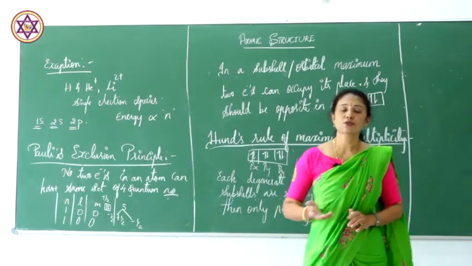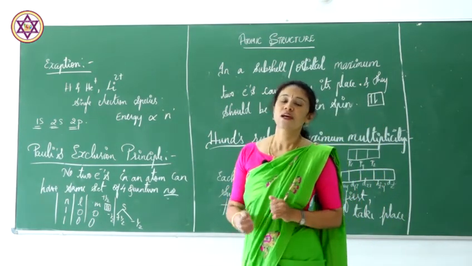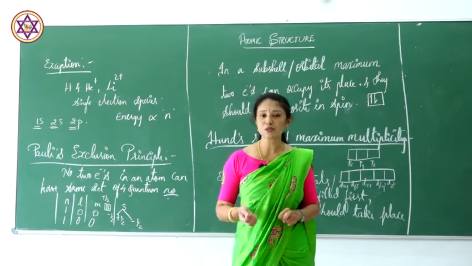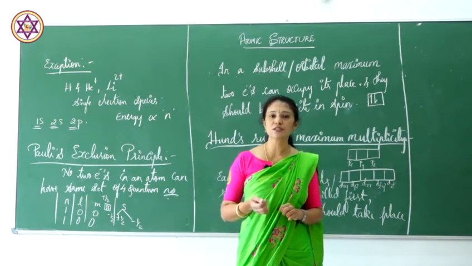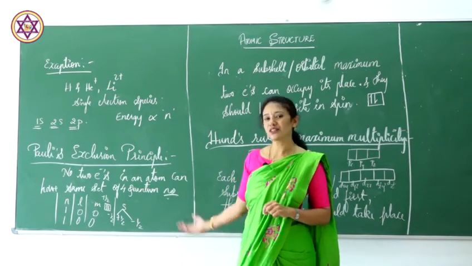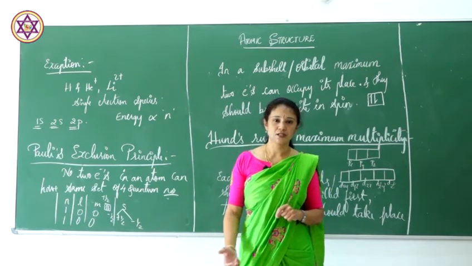So, you all came to know how to fill the electrons in orbitals according to the Aufbau principle, Pauli's exclusion principle, and also Hund's rule of maximum multiplicity.